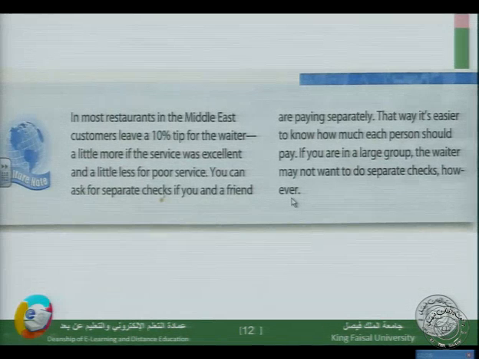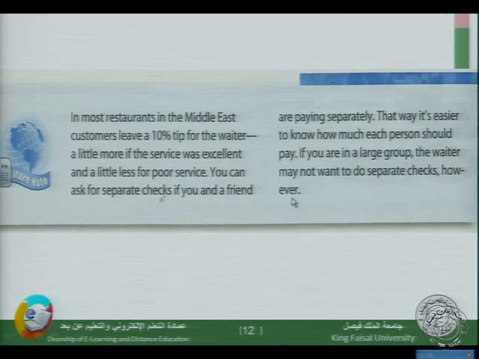If you have excellent service, you pay more tips. If you have less excellent or poor service, you pay less. You can ask for separate checks if you and a friend are paying separately. That way, it's easier to know how much each person should pay. If you are in a larger group, the waiter may not want to separate checks.